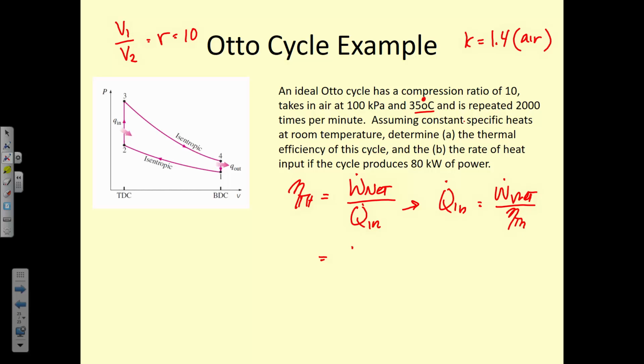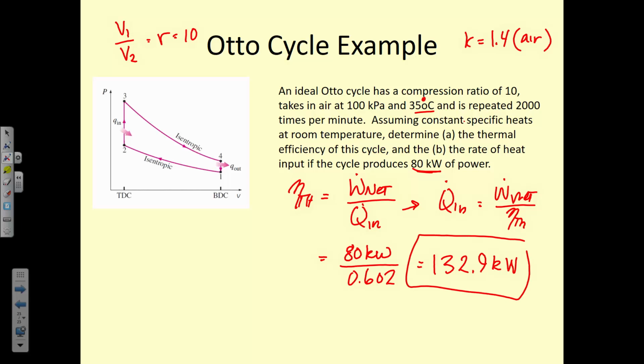So that's equal to 80 kilowatts divided by 0.602, which gives us 132.9 kilowatts. Okay, so in order to get 80 kilowatts of power out of this system, we have to put in this much heat.